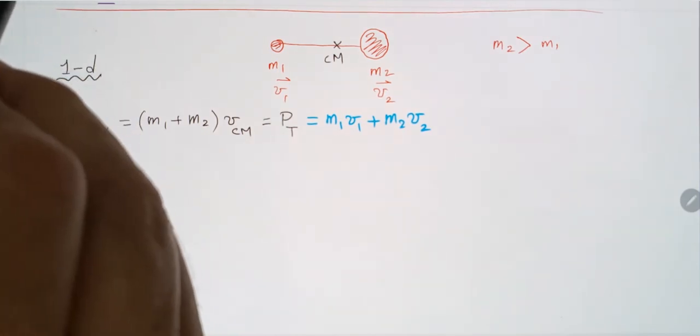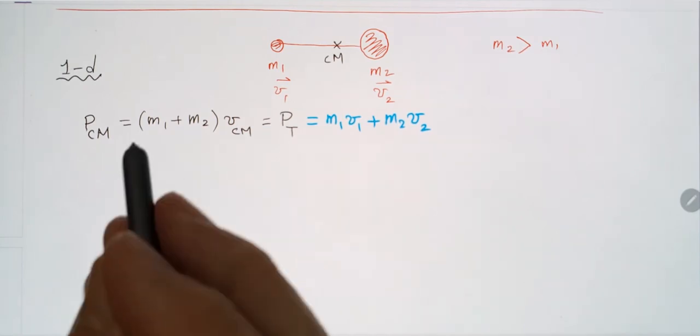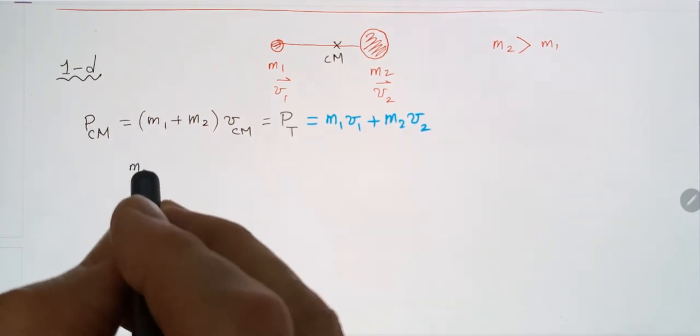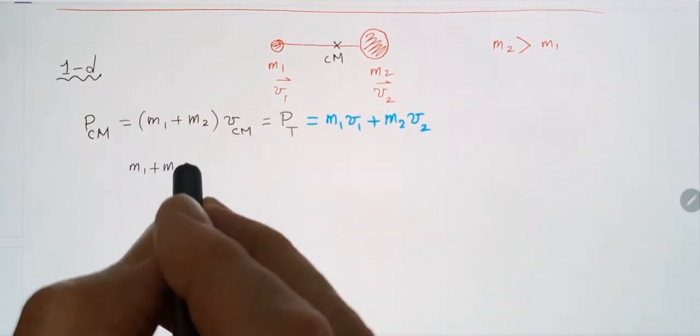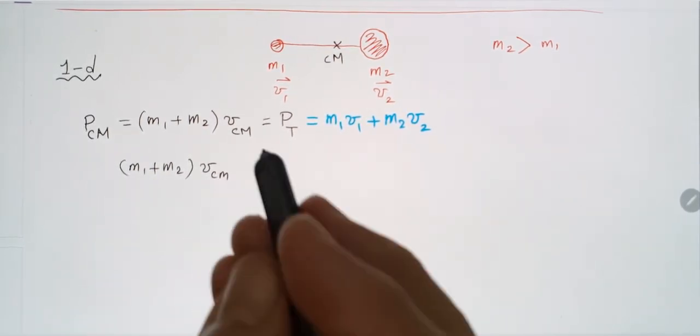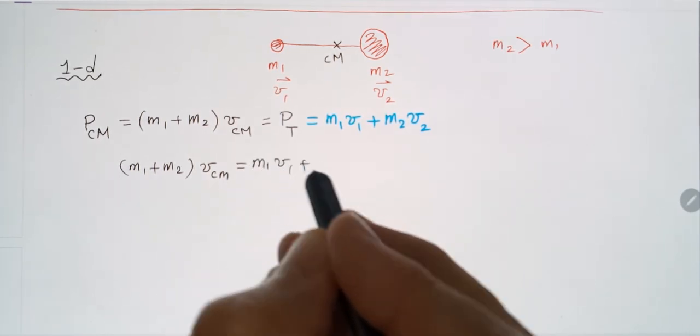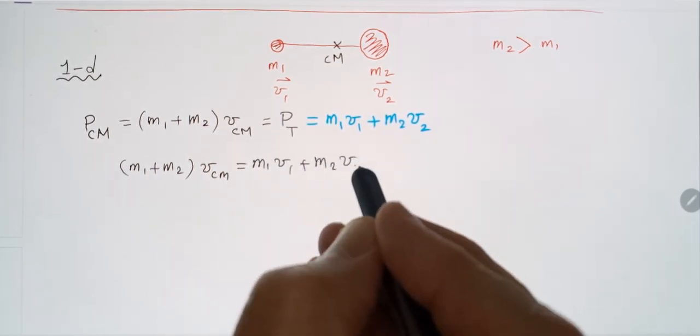So when we apply the conservation of linear momentum, we will have m1 plus m2 multiplied by the center of mass speed must equal m1 v1 plus m2 v2.